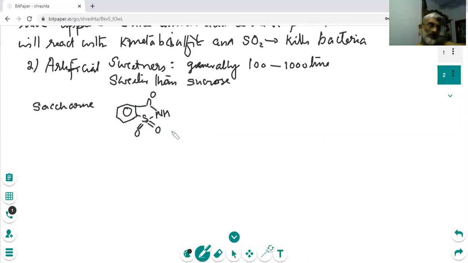So this is the structure of saccharin, and it is inert and stable to heat. That means during the cooking process, it will not get destroyed. And it is also good for diabetic patients.